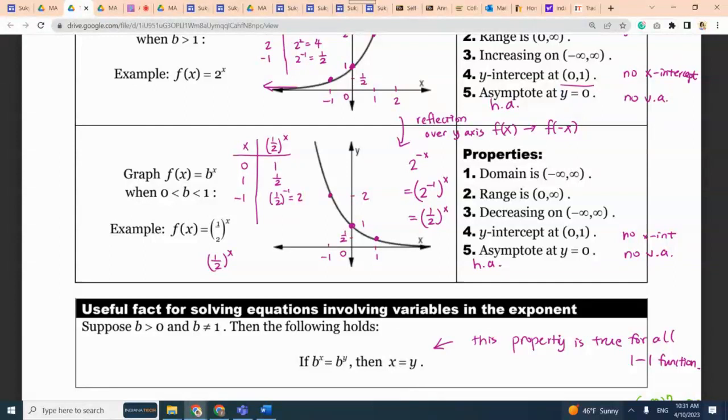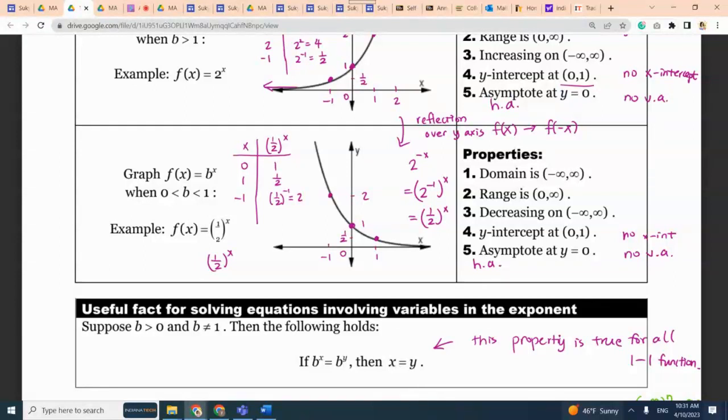And do you remember a one-to-one function? It passes the horizontal line test. Look at the graph. If you use any horizontal line to intersect it, you get at most one intersection point. Also, for this graph, if you use any horizontal line to intersect it, you get at most one intersection point.